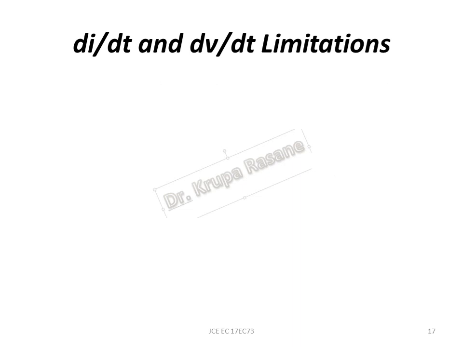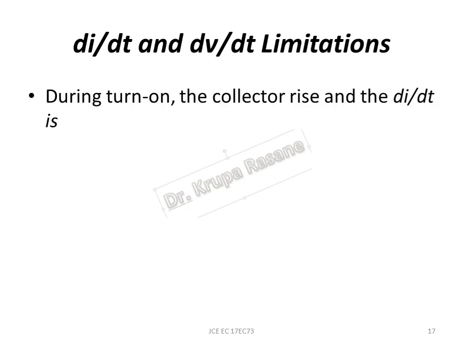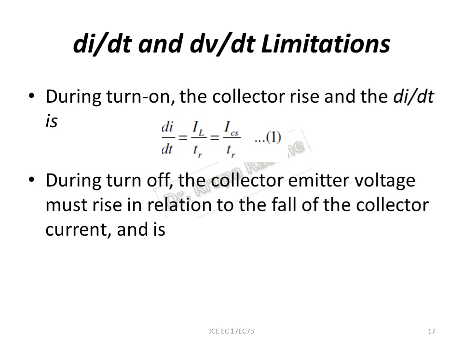Now coming to di by dt and dV by dt limitations. We have seen in the graph in the earlier slide that when you turn on, the collector current rises, and di by dt is the change of current per given unit of time, equal to IL by TR.